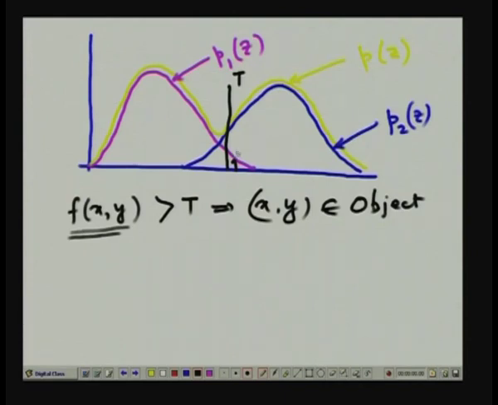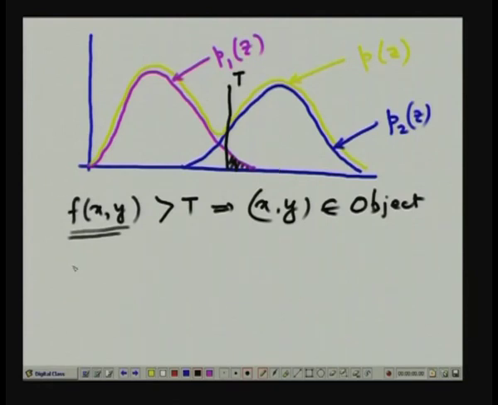The error is the area given by this probability curve for the region intensity value greater than t. So, the probability of considering a background point as an object point leads to an error. Okay. That is, a background point may be classified as an object point.